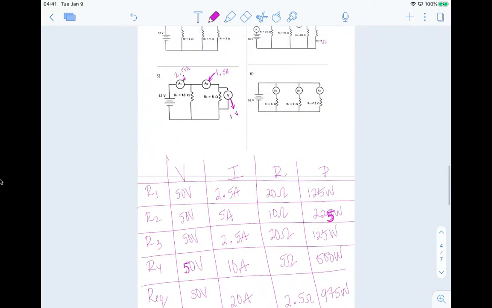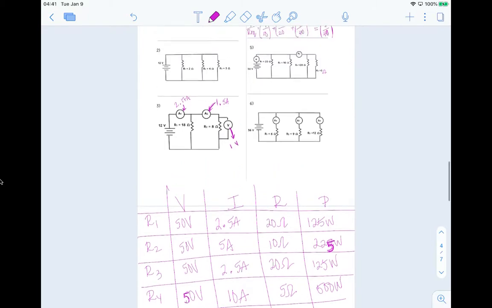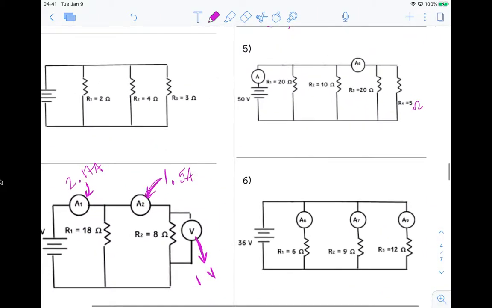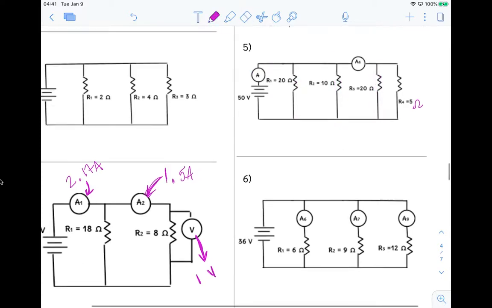Lastly, finally, number 6. Actually, before we continue on here, let's look at this for 1 second. Okay, so this A right over here has the ability to travel down 1, 2, 3, 4 paths, which means that this A is going to read our total current.